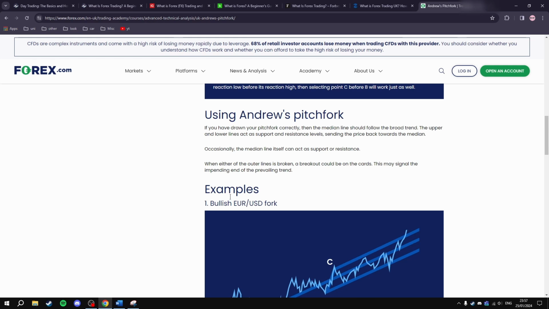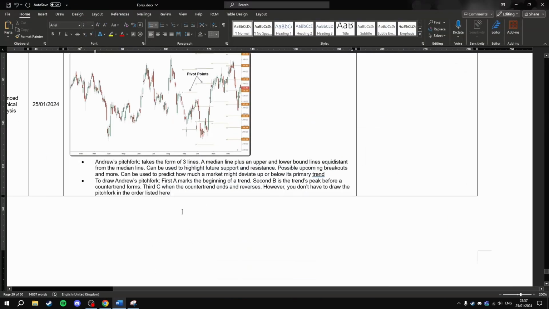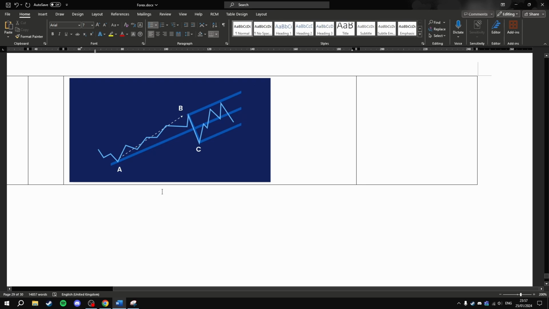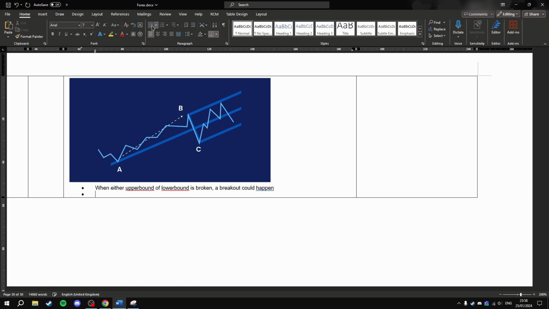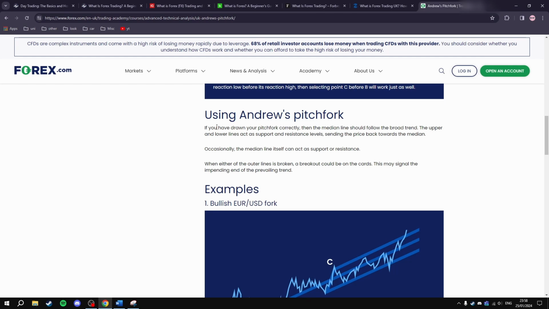When either of the outer lines is broken, a breakout could be on the cards. This may signal the impending end of the prevailing trend.